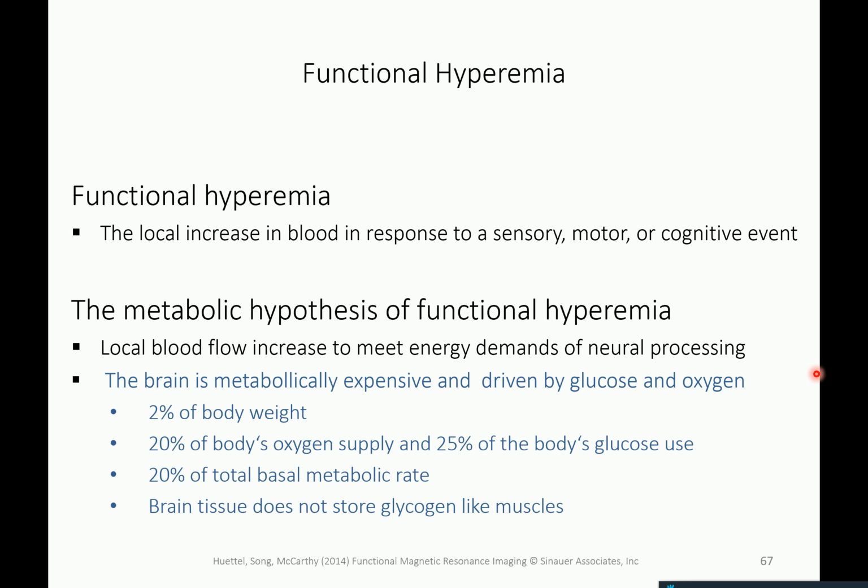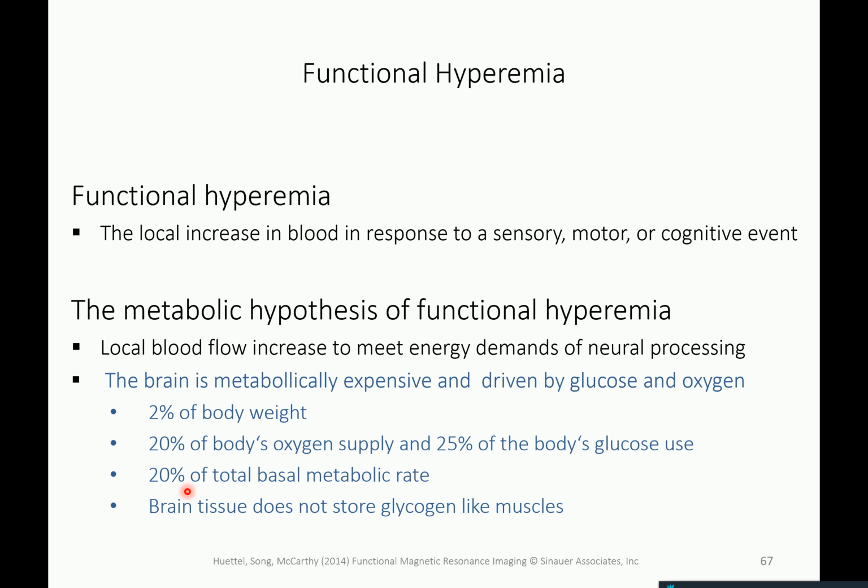Why is this kind of a sensible hypothesis? So the thing is that first of all, the brain is quite metabolically expensive, and it eats glucose and oxygen. It only accounts for 2% of body weight, but uses 20% of the body's oxygen supply and 25% of the body's glucose, and contributes to 20% of the total basal metabolic rate.